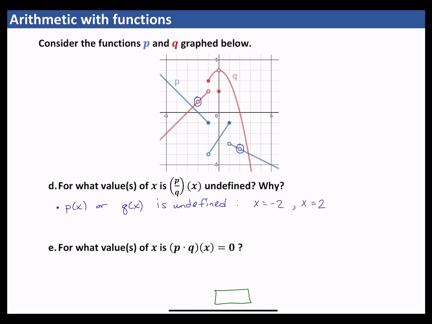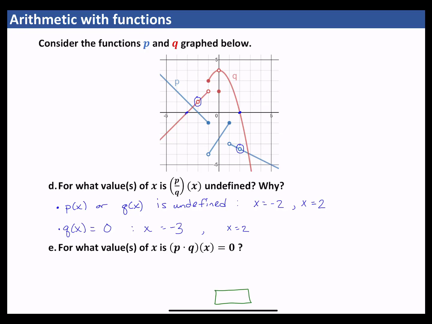The other reason that this quotient, (p divided by q)(x), is undefined would be if the denominator equals 0. So q of x is equal to 0 at x equals -3, and q of x is also equal to 0 at x equals 2, which we already stated x equals 2 is also where p of x is undefined.